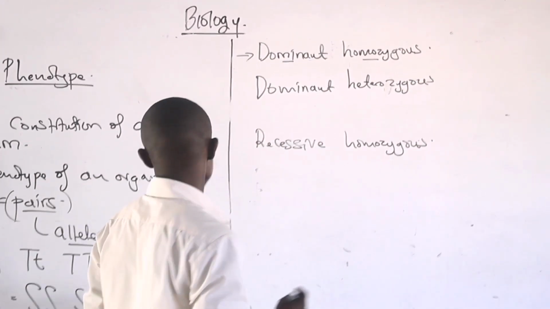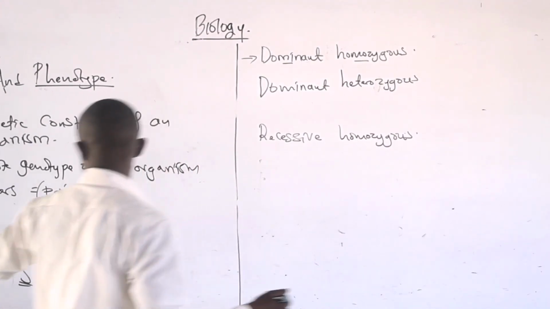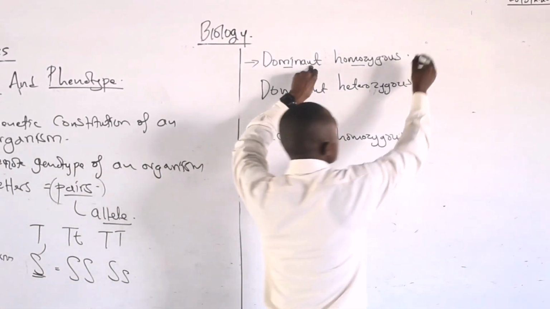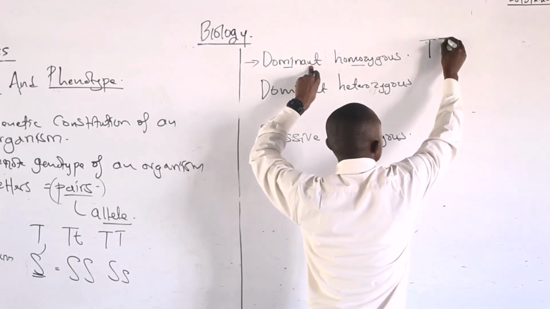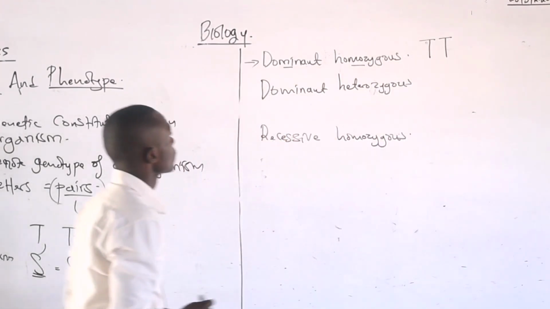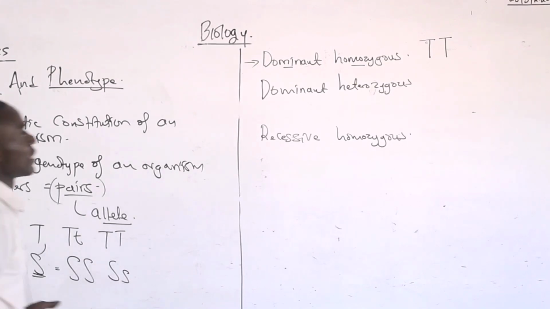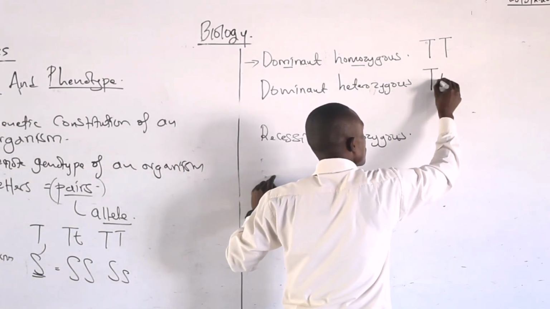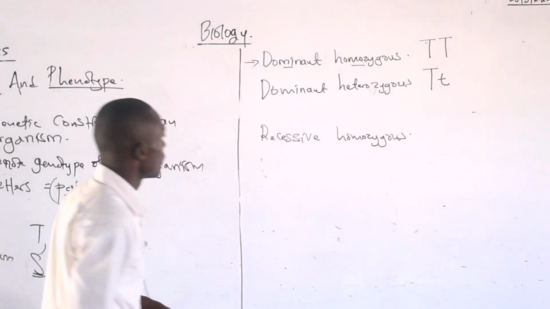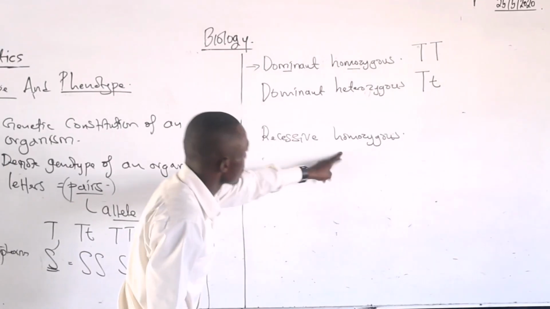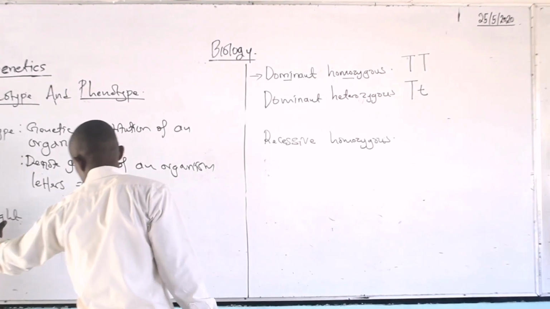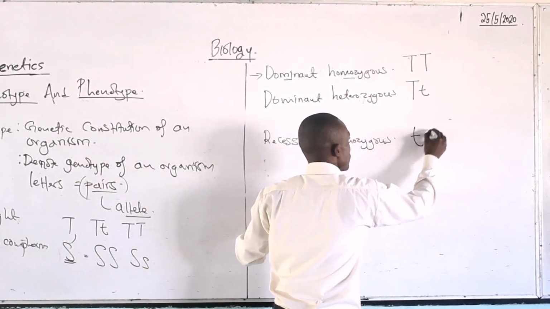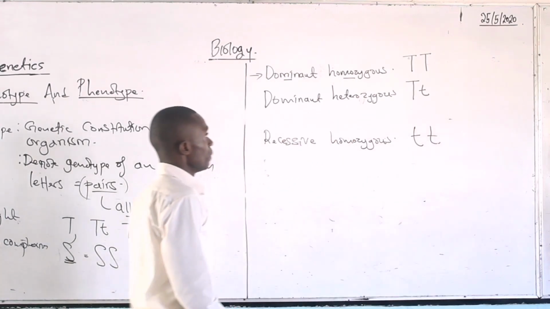For a trait like height, dominant homozygous is capital T, capital T. Dominant heterozygous is capital T, small t. Then recessive homozygous, still focusing on height, is small t, small t.